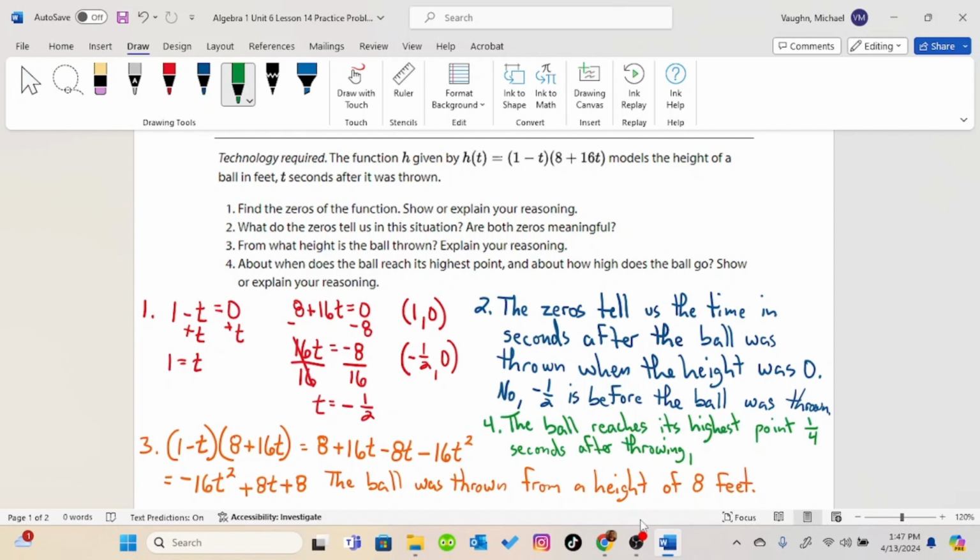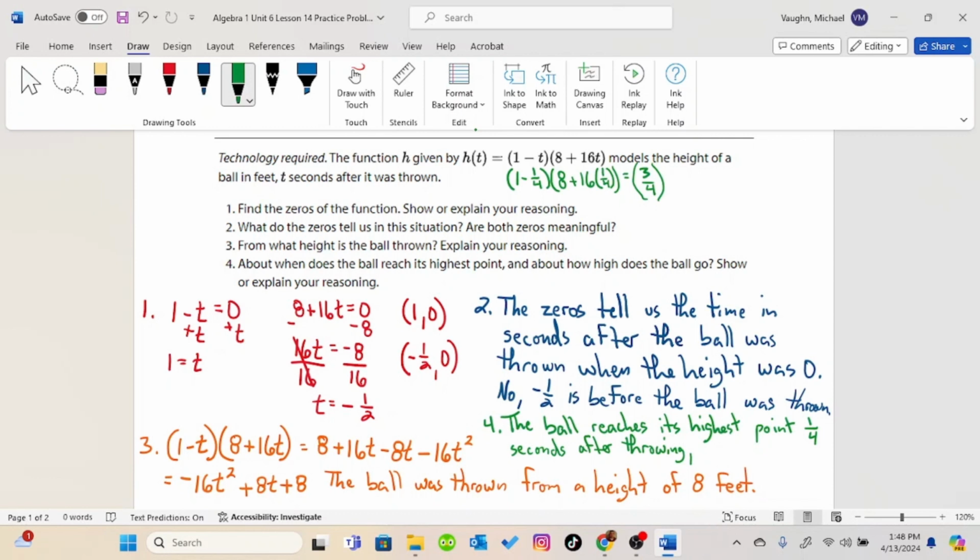Now, if I want to know the height, I put that number into the formula or the equation. That gives me (1 minus 1/4) times (8 plus 16 times 1/4). 1 minus 1/4 is 3/4. 16 times 1/4 is 4.